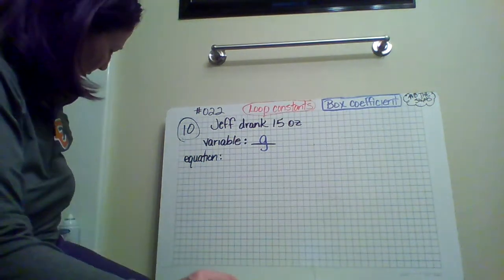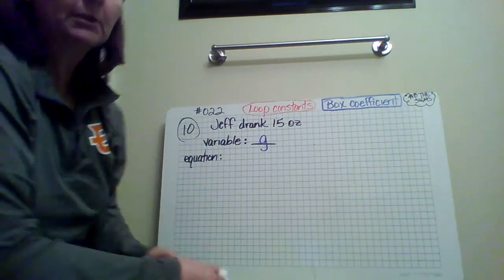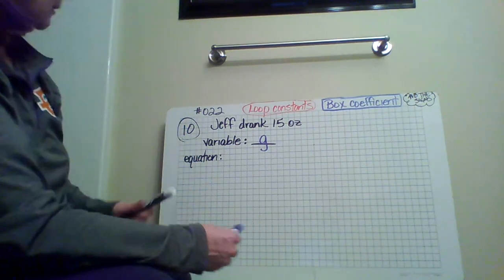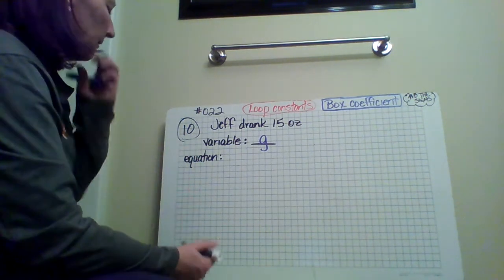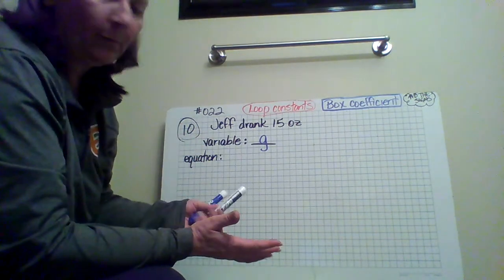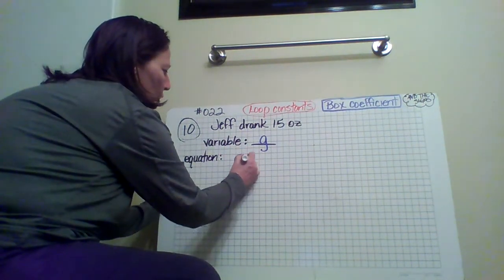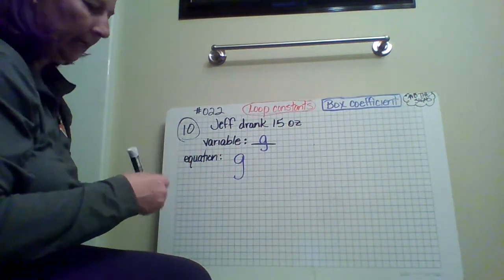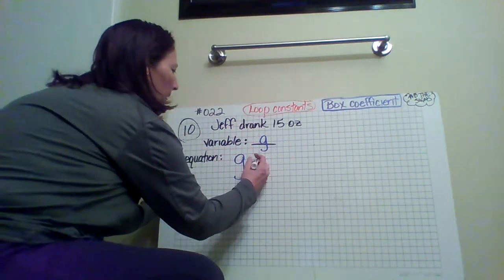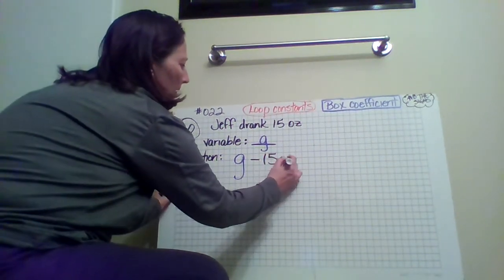All right, so we're talking about Gatorade. So I just chose G for my variable. So there is an amount of Gatorade. We don't know how much we're starting with. So that is letter G. And Jeff, he's drinking some Gatorade after the race, and we know that he drinks 15 ounces.